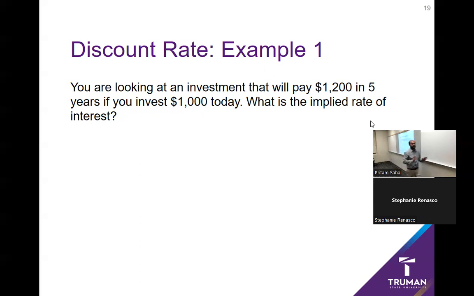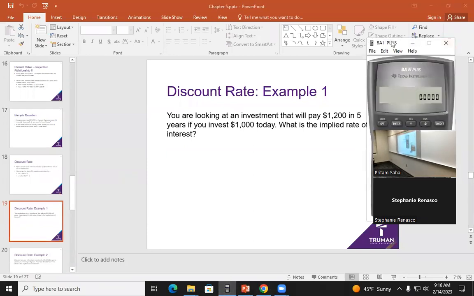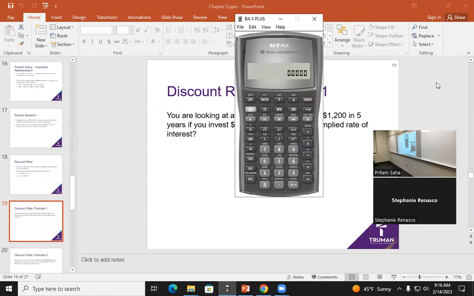Now, if you want to do it in the financial calculator, who wants to help me? Isaac, yes. So, taking 5 years, so 5, and then 1200 future value.